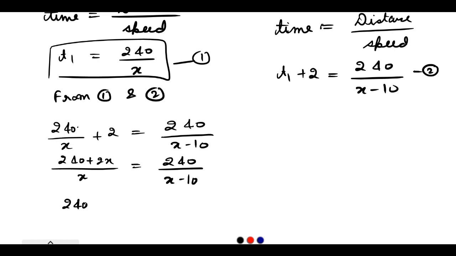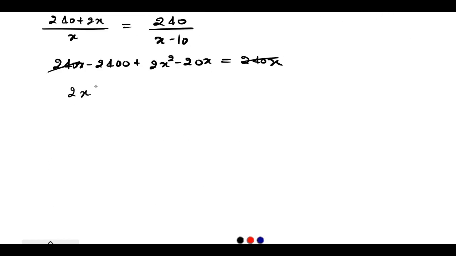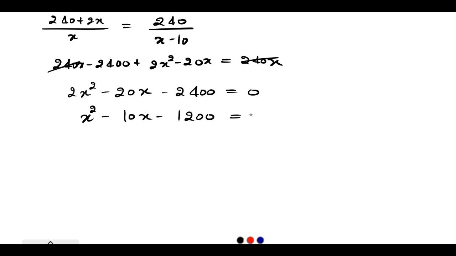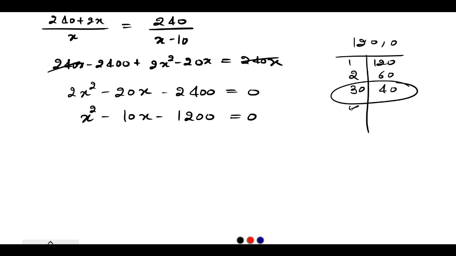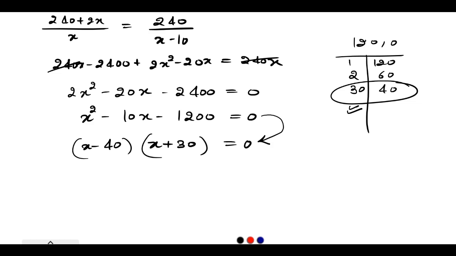Cross multiply. Dividing by 2, x square minus 10x minus 1200 is equal to 0. Now we have to find two numbers whose product is 1200 and difference is 10. Required numbers are 40 and 30. I am solving this quadratic equation by a short trick which we have already shared in a previous video.